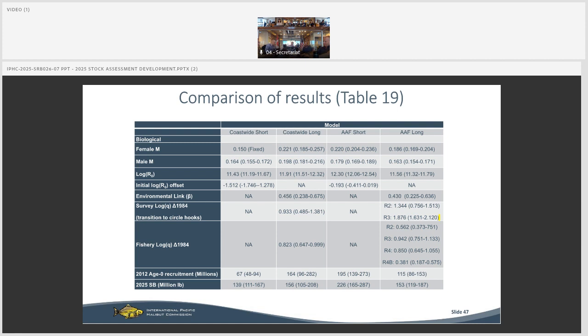I don't think I want to say much more here other than to point out that we get pretty big offsets on the log Q when we make the transition from J hooks to circle hooks.